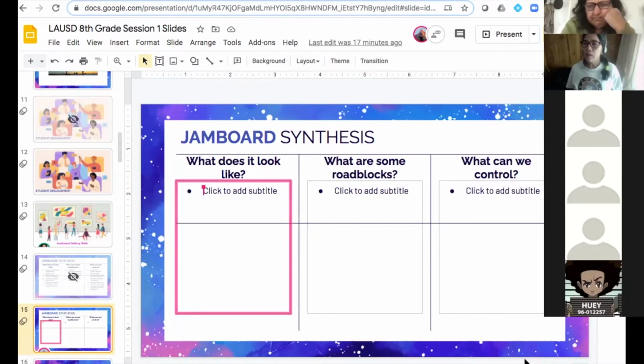Great. If I understand what you're saying, using something like a Jamboard with some prompts where students can go into a breakout room and have a very specific topic to discuss is a structure that might be able to highlight or show student engagement. Yes. Okay, great. Thank you so much.